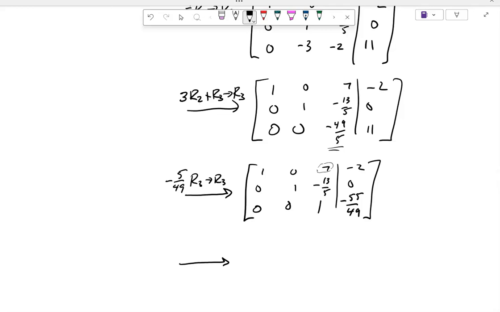Always work off your leading 1. Yeah, we'll use the bottom row. Good. So what do I want to multiply the bottom row by? -7 and add up, right? Okay. That doesn't change your bottom row.